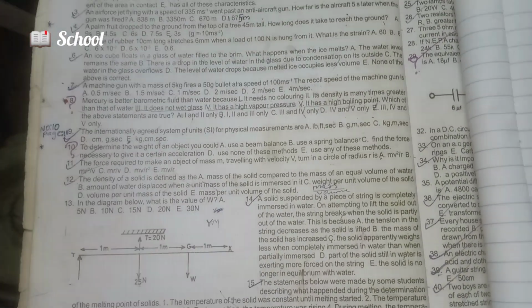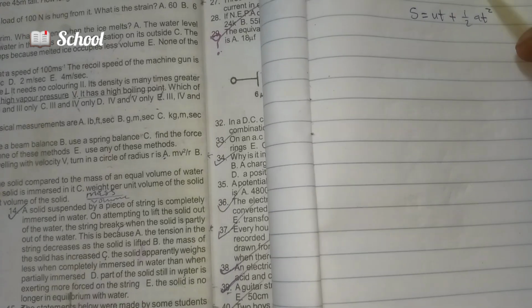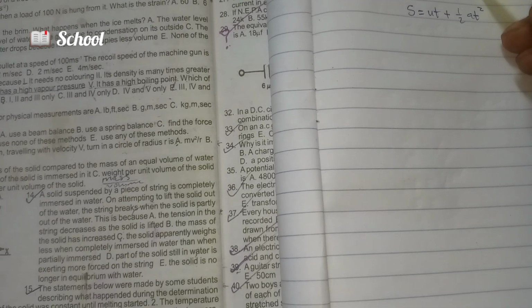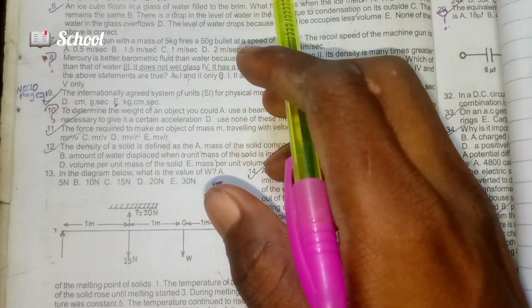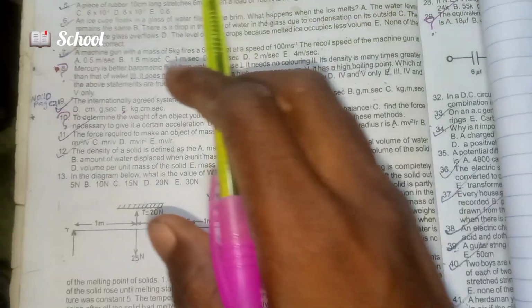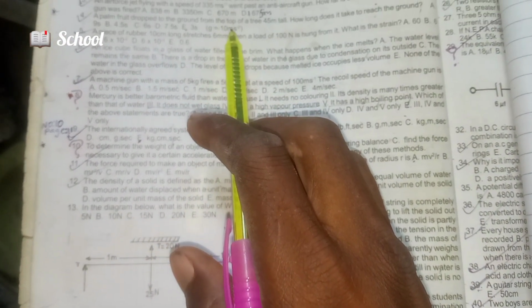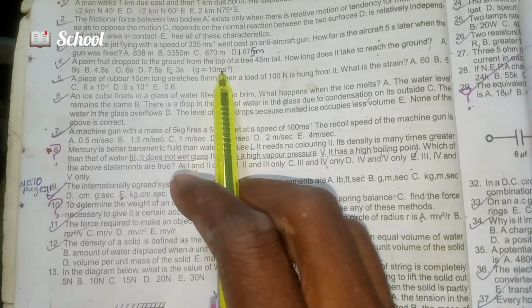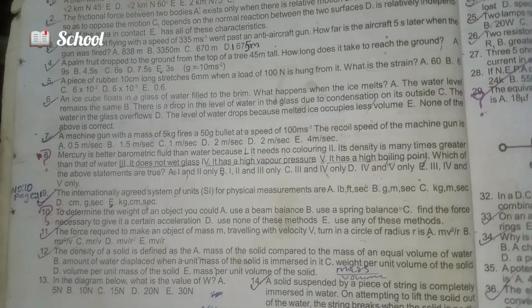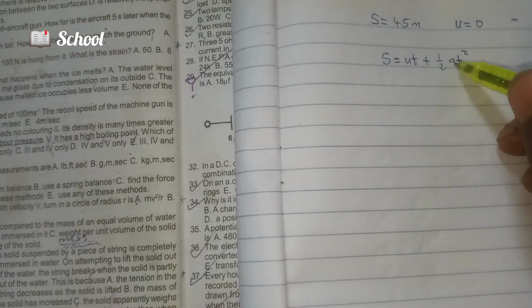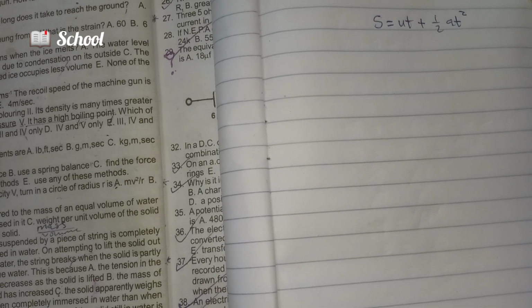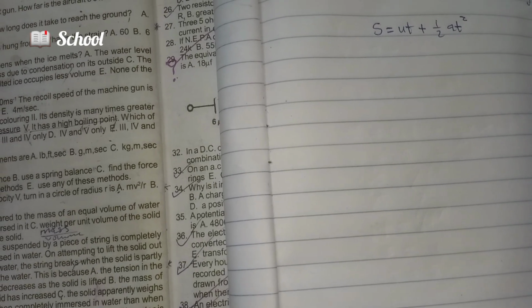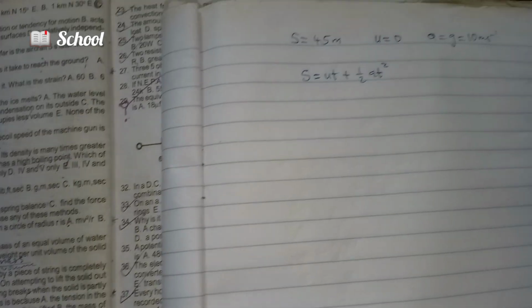When it was still hanging there, before it dropped, u is equal to 0. U is the initial velocity, which is 0. Now they gave g equal to 10 meters per second squared. So I have that detail also. And you know, a in this case is equal to g, acceleration due to gravity. So a is equal to g, which is 10 meters per second squared, right?